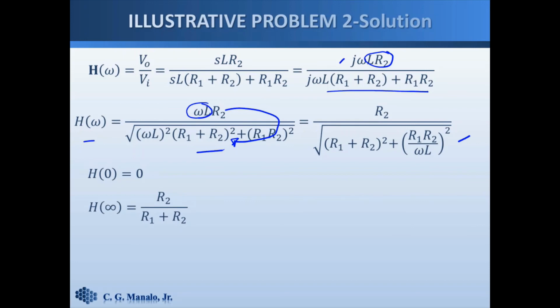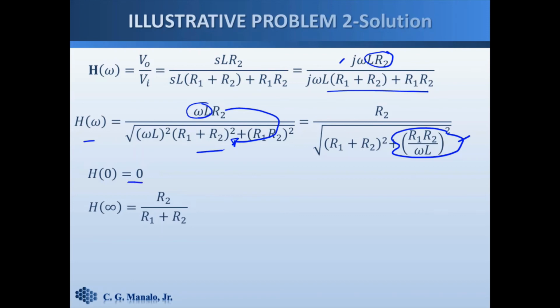So to find out the type of filter that we have, we can let omega equal 0. Okay, if we let omega equal 0, that means this term here will become infinite, and the whole expression for the transfer function will become 0.